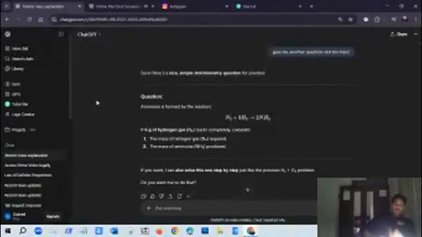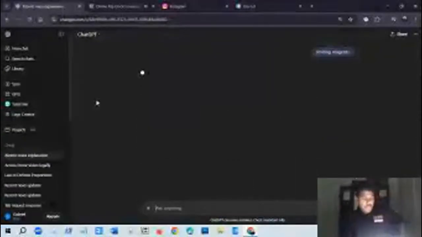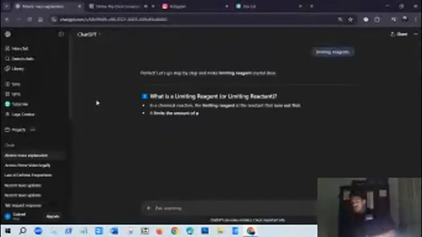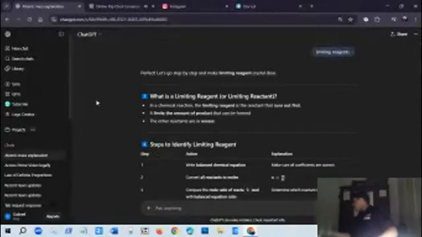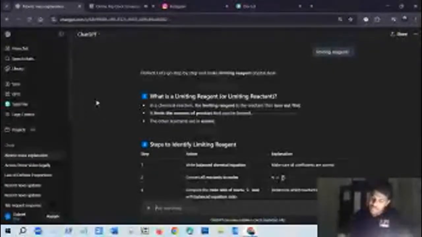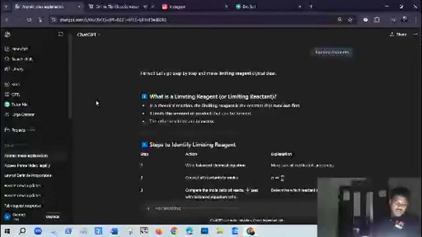So, limiting reagent: the reactant which gives the least amount of product.